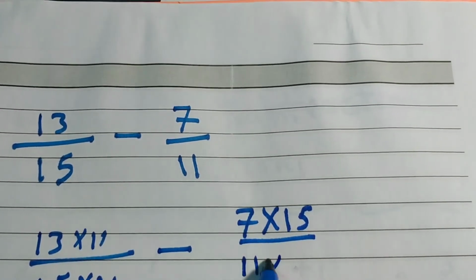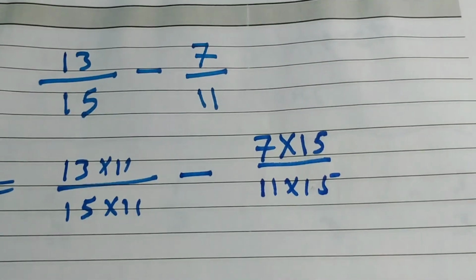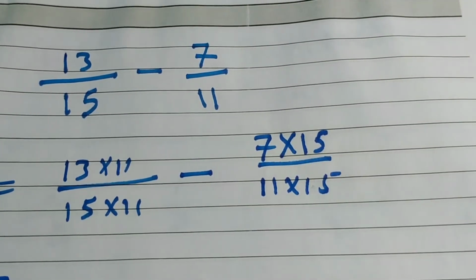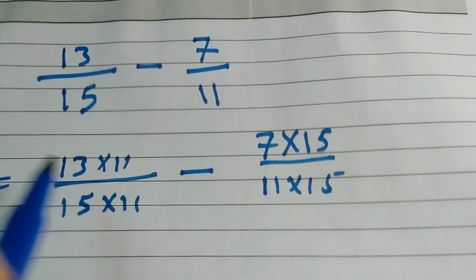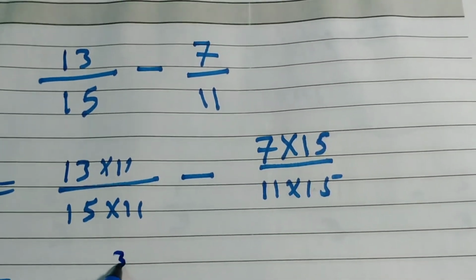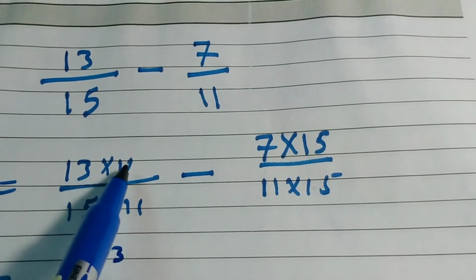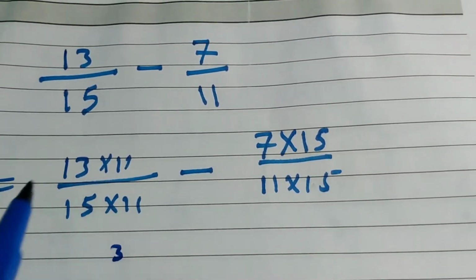So 11 multiply 15. When we multiply, automatically the denominators of both fractions will be the same. So now we multiply 11 by 13. 11 multiply 3 is 33. 3 here and 3 is extra. So 11 multiply 1 is 11, plus 3, 14.